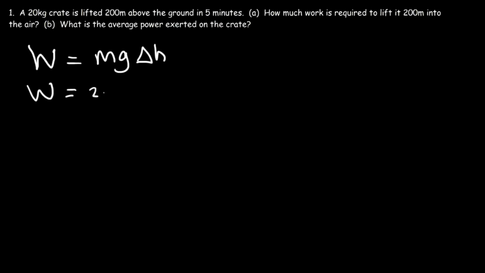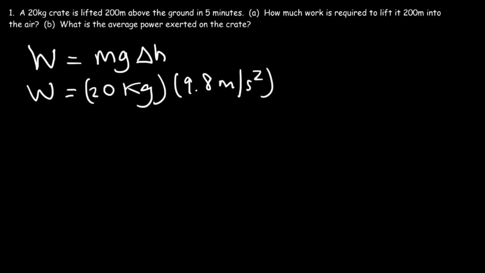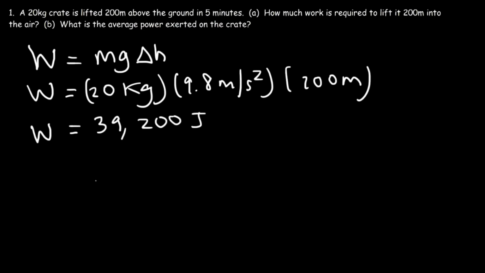The mass of the crate is 20 kilograms, the gravitational acceleration is 9.8, and it's being lifted to a height of 200 meters. Multiplying these three numbers, you should get 39,200 joules. That's how much energy is needed to lift this object.